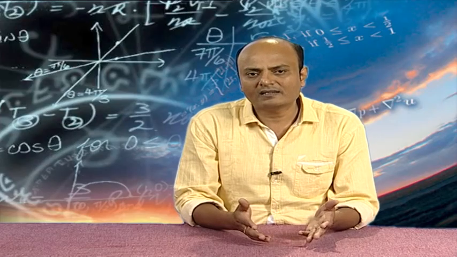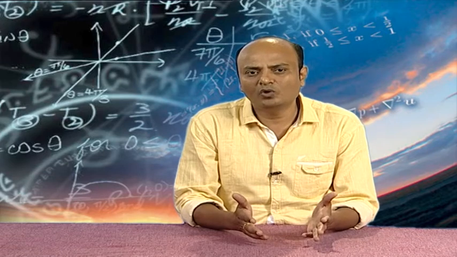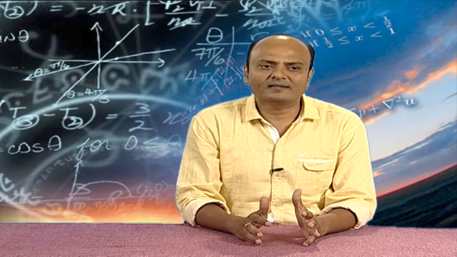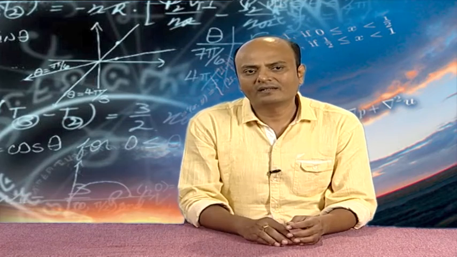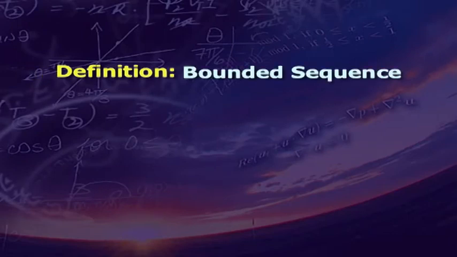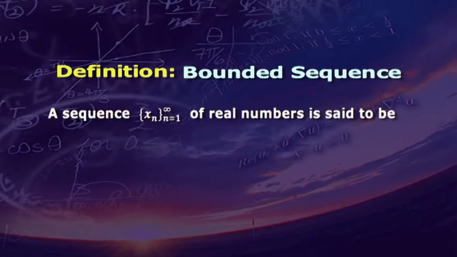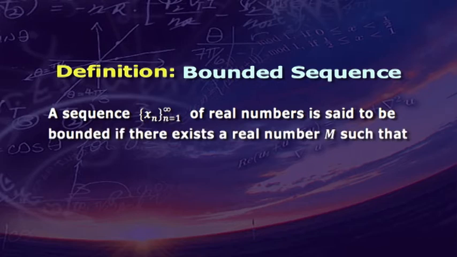We now discuss a few theorems which are helpful in understanding the concept of convergent sequences. For this, we require some definitions. Definition: bounded sequence. A sequence x_n of real numbers is said to be bounded if there exists a real number M such that |x_n| is less than or equal to capital M for all n.